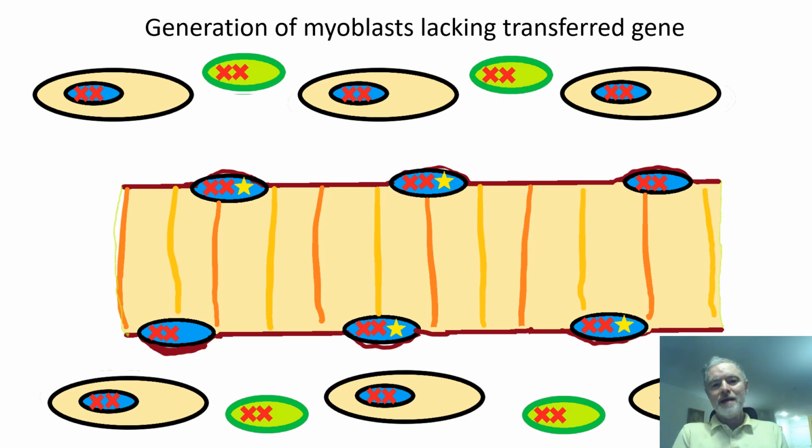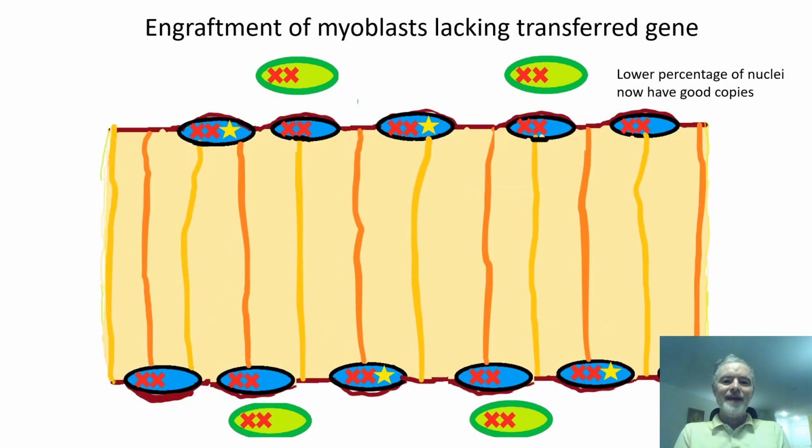So you now make a bunch of myoblasts which don't have the copy of the transferred gene. And then when they join the fiber, the fiber now is bigger, it has more nuclei, but none or relatively few of the new nuclei that it's added actually have the transferred gene.